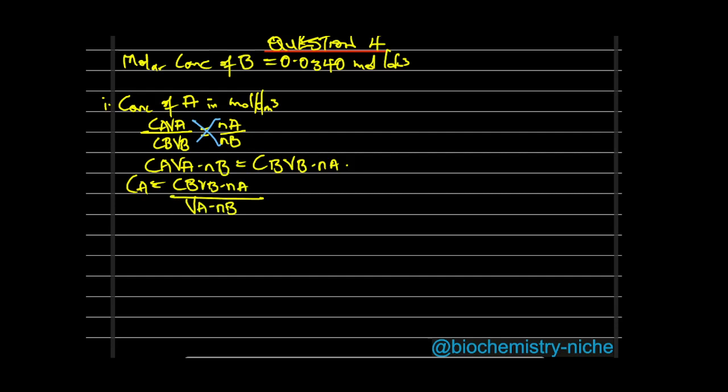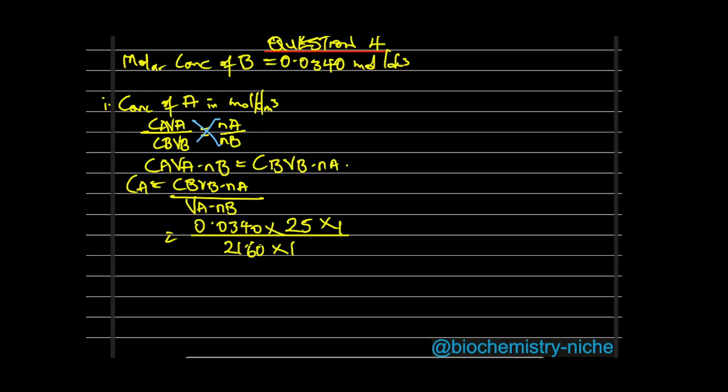We'll be using our CB from what we have been given here, 0.0340, times our VB, which is 25 centimeter cube, times our NA, which is 1, all divided by the volume of acid, which is 21.60 times 1.